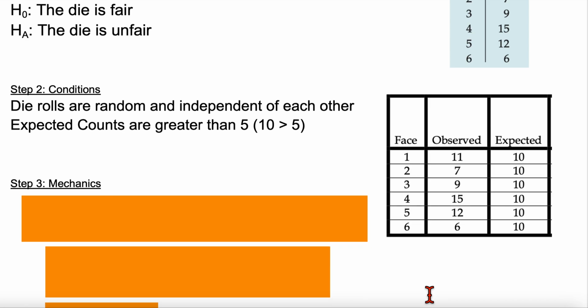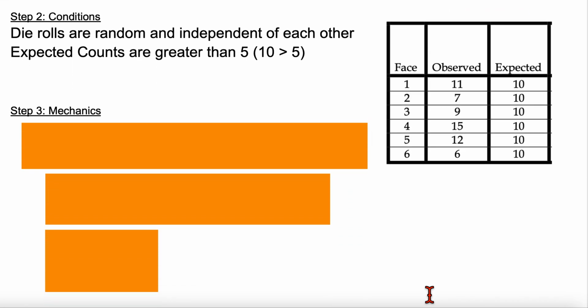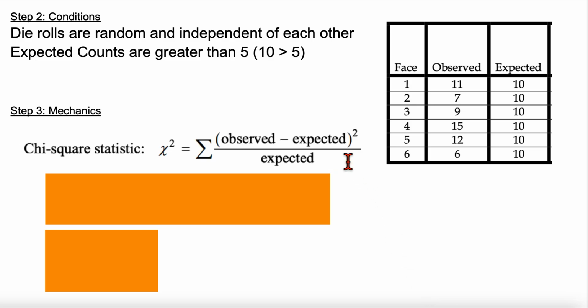The next step in our hypothesis test is the mechanics. Take a look at your AP formula sheet. At the bottom of page 1 on your formula sheet, you should see the formula for the chi-squared statistic. This is the symbol for chi-squared, this little funky x with the little exponent 2. It says chi-squared equals the sum of observed minus expected, squared, divided by expected value. So we take each pair.